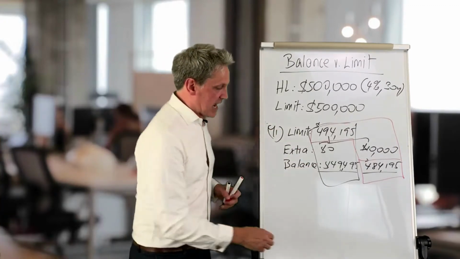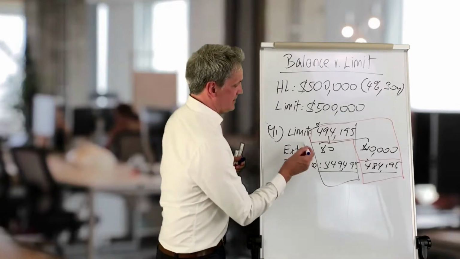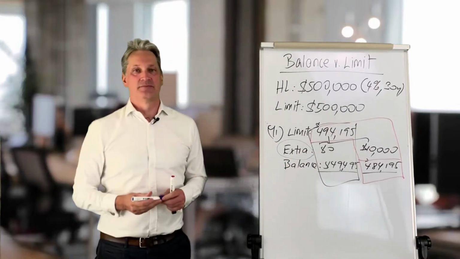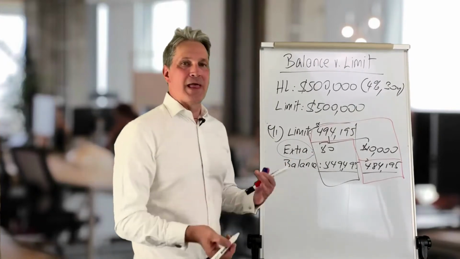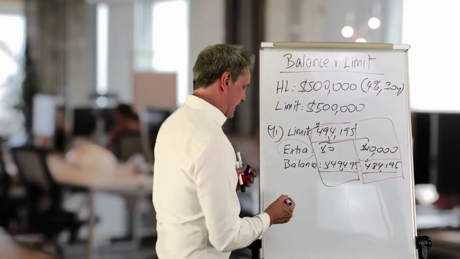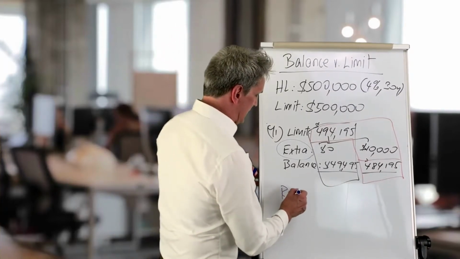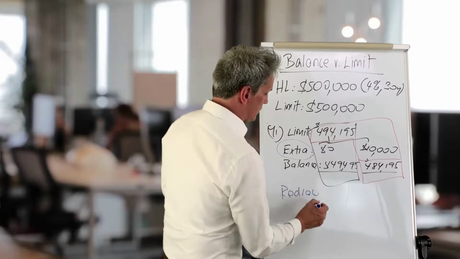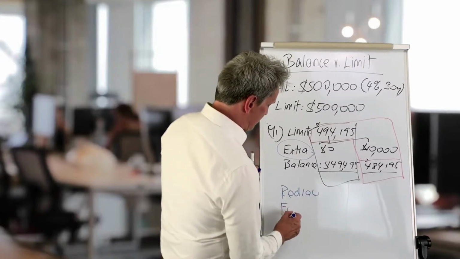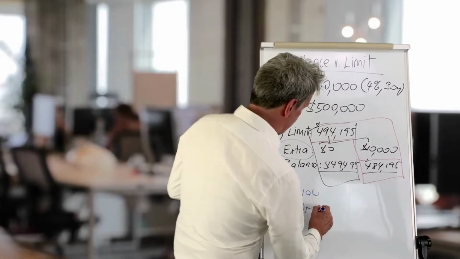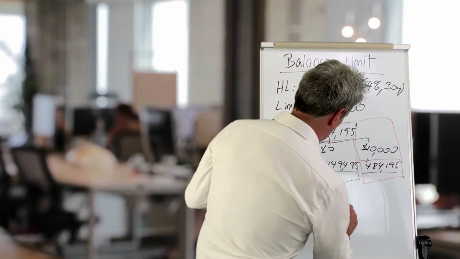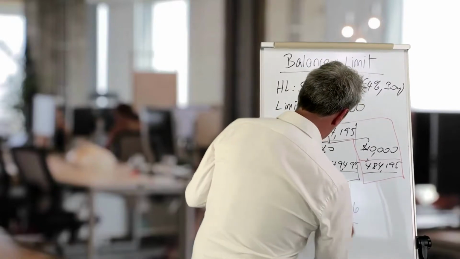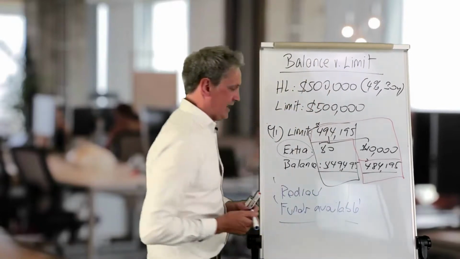Now, let's have a quick chat about these extra repayments. The banks will call that money different ways. Some will call that money available in redraw. Some will call that funds available. It doesn't really matter.